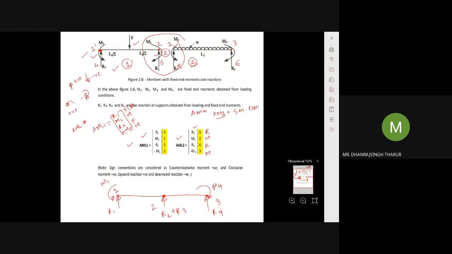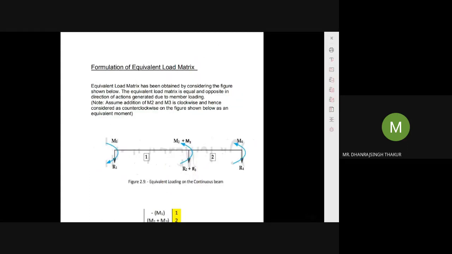Okay, so this is how we have superimposed all the loads on the actual beam. At the node which is common to both members, the total load will be R2 plus R3 and the moment will be M2 plus M3. Okay, whichever has the greater magnitude, its sign convention is considered. So if you assume this is, suppose, clockwise, then we will assume it clockwise. So this is how we have superimposed all the loads on the actual beam. The same I have plotted here where I have considered anticlockwise.